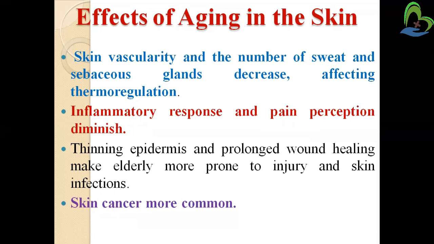As you are observing, the older people in your house will have decreased sensation of temperature. Then thinning of the epidermis and prolonged wound healing make the elderly more prone to injury and skin infections. Sometimes those who are suffering with diabetes will have a delayed healing process due to their sugar level. So these are the important things you are going to note down. And skin cancers are more common.